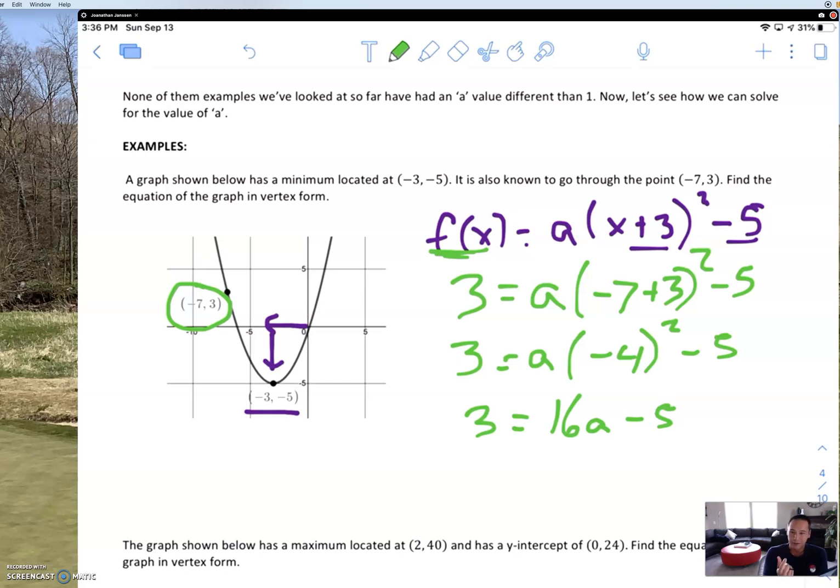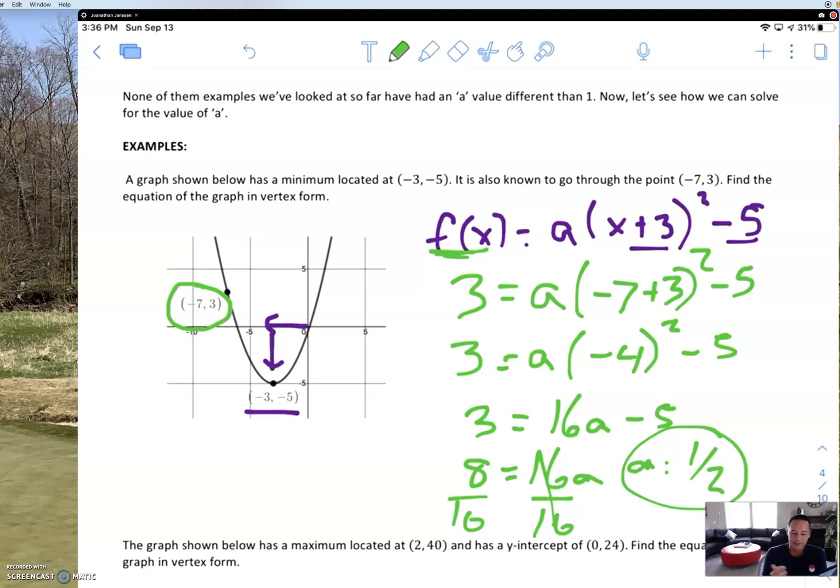Here's where, kind of throughout the course, I'm going to skip a couple steps as I'm solving it, as most of you probably would too, but to solve this, I would just do +5 and +5, so I won't show that step, but if you just add 5 to both sides, we get 8 equals 16a. And if you divide by 16, divide by 16, we end up with a equals 1/2, or 0.5.